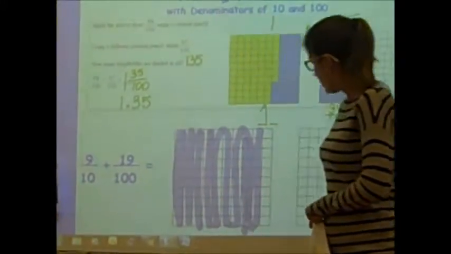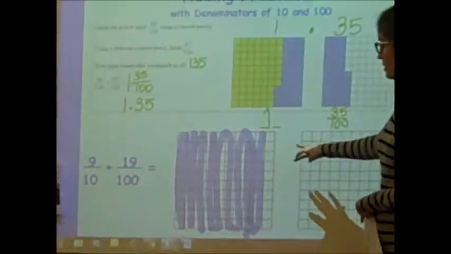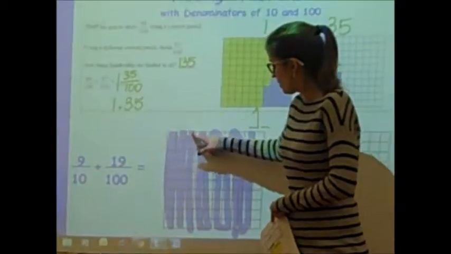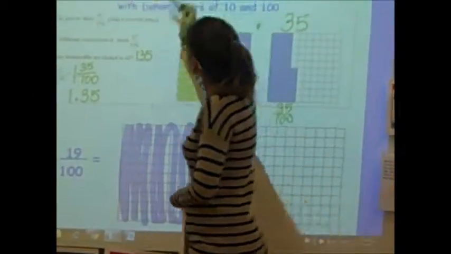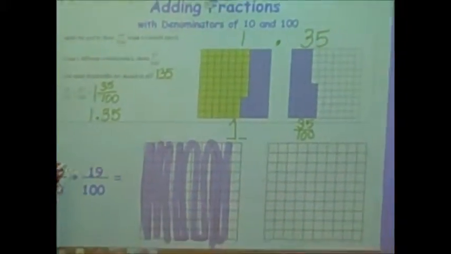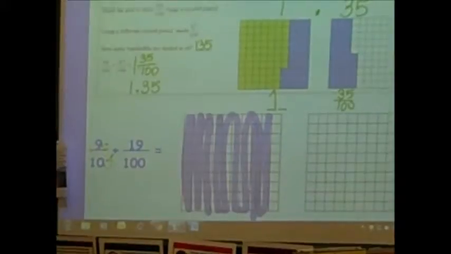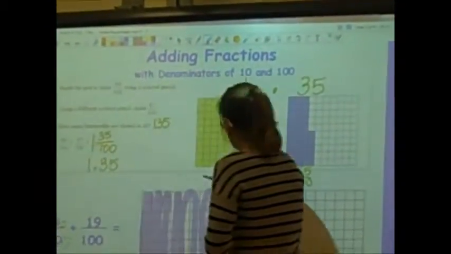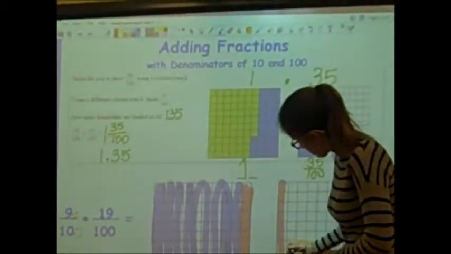There we have 9 tenths, which is the same as 90, because in each column we have 10. 10, 20, 30, 40, 50, 60, 70, 80, 90. So we can have them dot those zeros again. And then we would need to add on the 19 hundredths. Feel free to use highlighters at the table if you want to use a separate color.